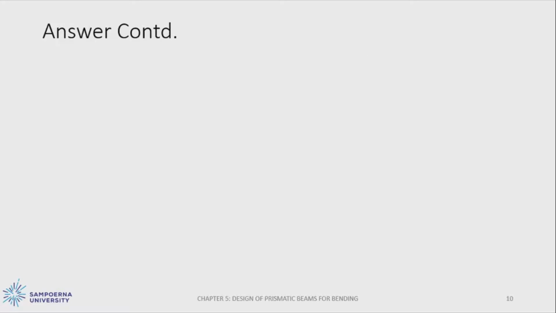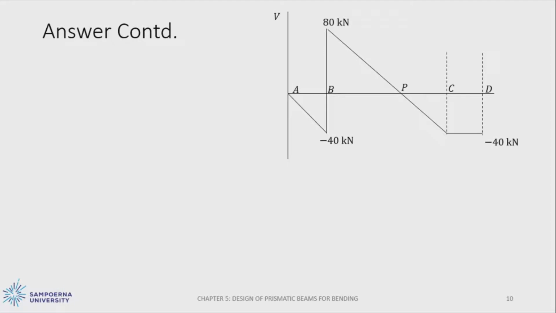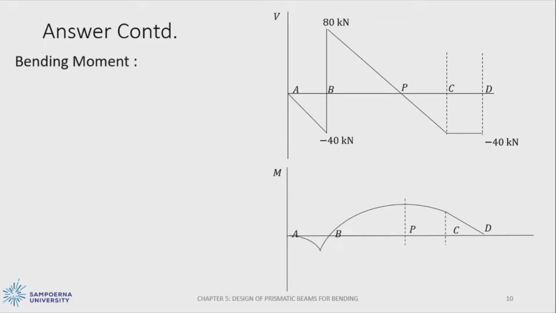After obtaining the areas below the graph from the SFD, we can create the bending moment diagram based on the shear force diagram. For the bending moment itself, for MAB, we have minus 60 kilonewton meter as the area below the graph from A to B. So it will become the value of moment in this graph.